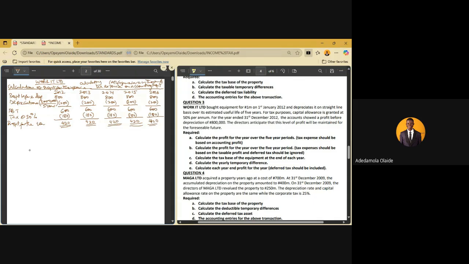So this is A now. This is workings 1. Calculation of taxable profits and tax liability for the years.